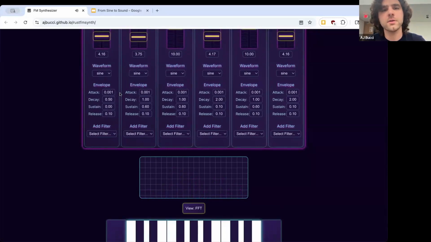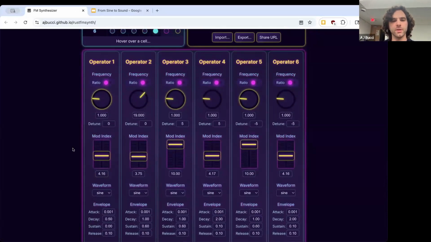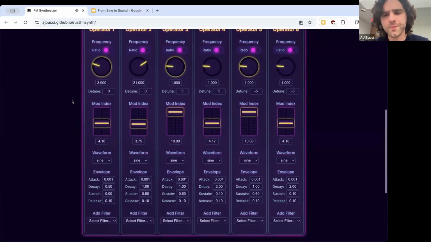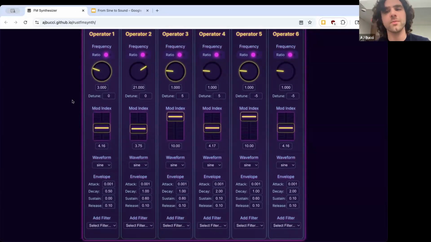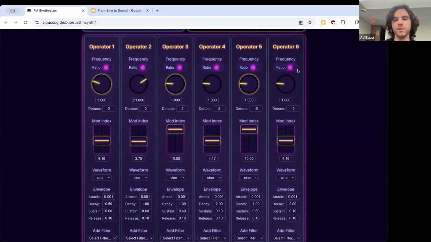And there it is. And you can kind of play around and do all sorts of different things, like playing with the bell sound, or maybe we can make it even punchier in the body.